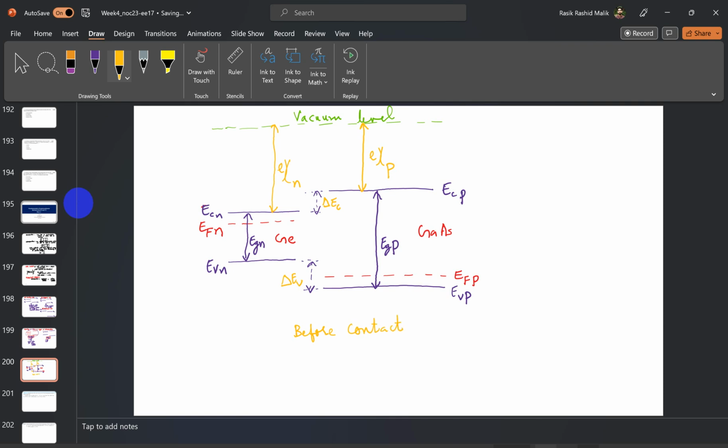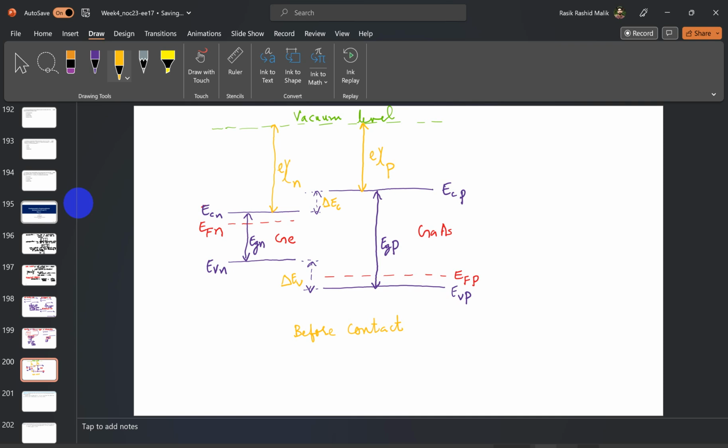Okay, the only thing we have to consider here is that the electron affinity of the narrower bandgap material will be less than that of the wider bandgap material, and delta EC is the discontinuity in the conduction band energy, and delta EV is the discontinuity in the valence band energy.